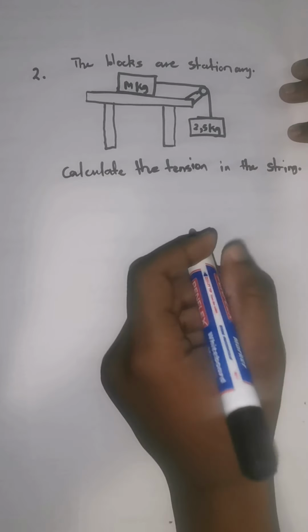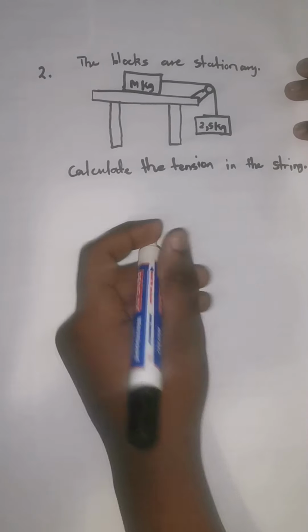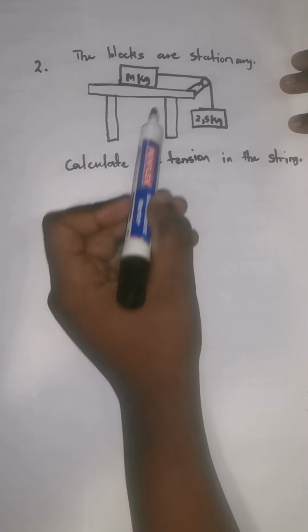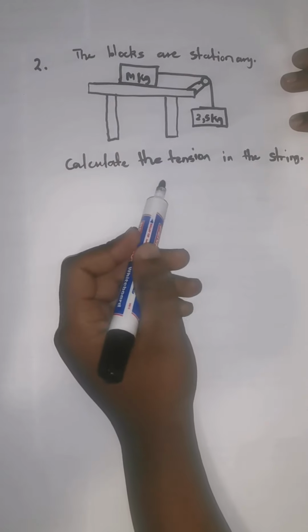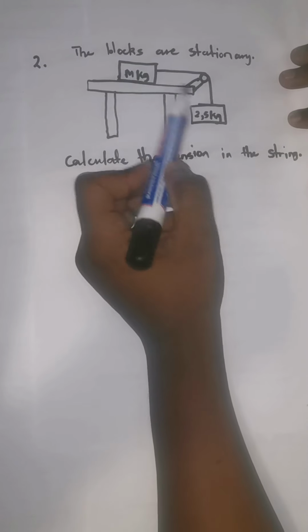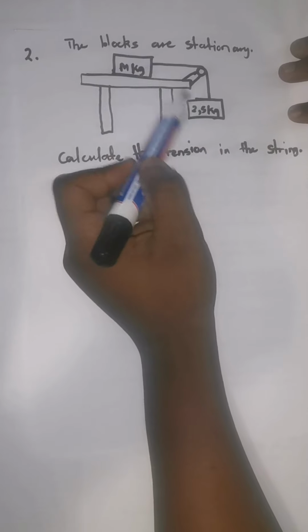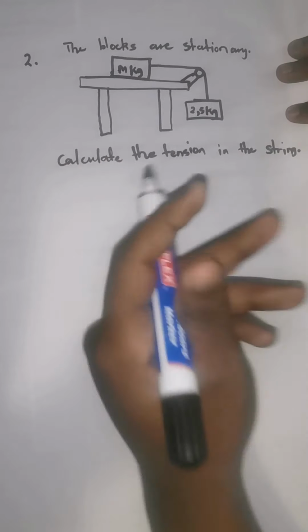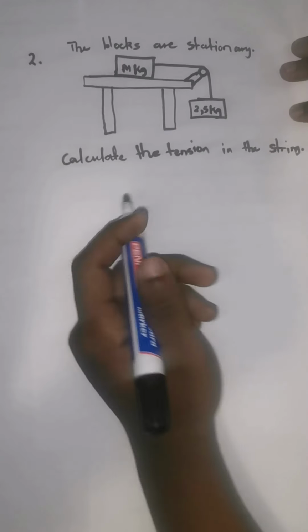So the law talks about two objects interacting, right? This is the case right here in this question, right? Because this string connects the two mass blocks, it's simply an interaction of two objects.